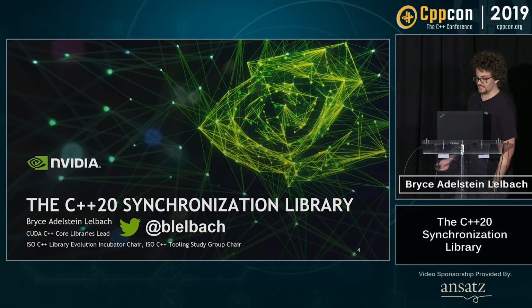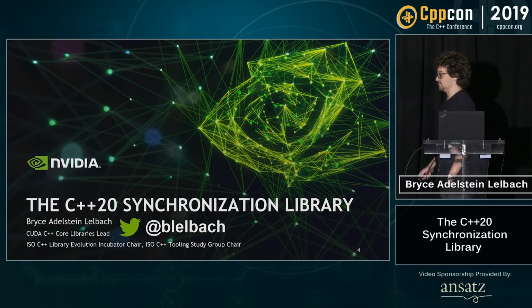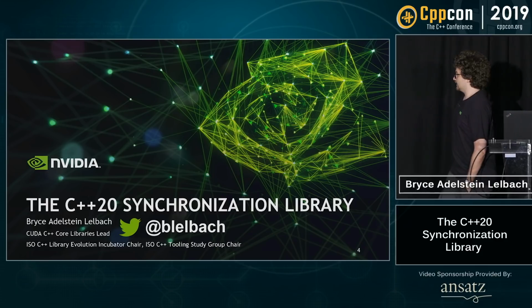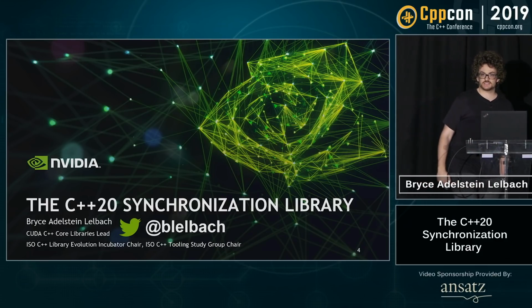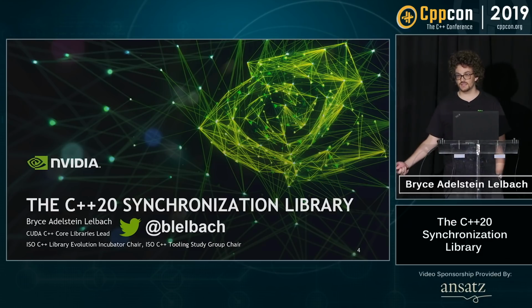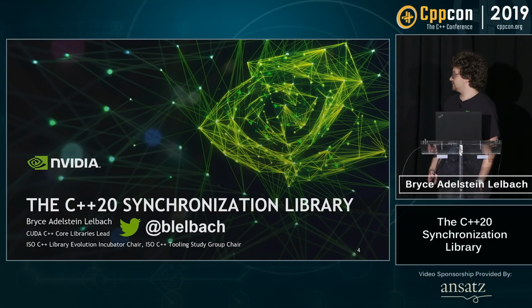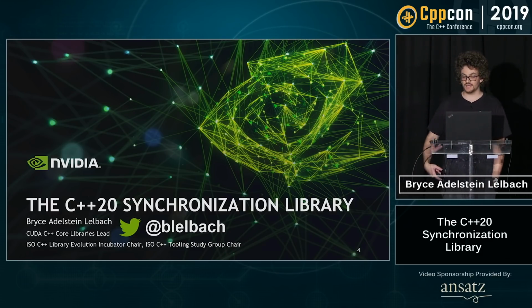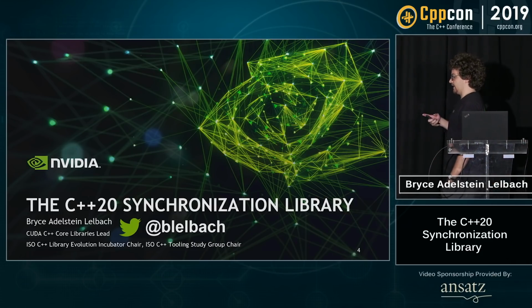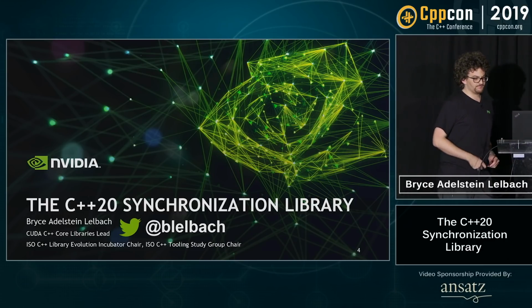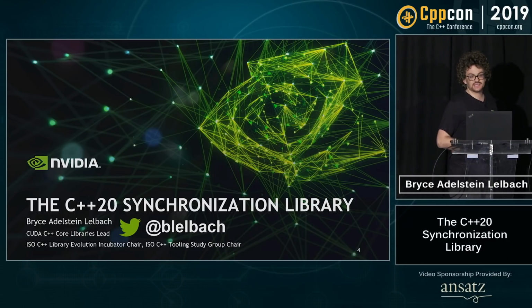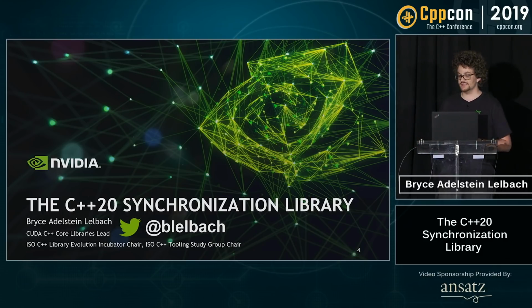All right. So C++20 synchronization library. Some of you may be wondering, well, don't we already have a bunch of synchronization primitives in C++? They were added in C++11 when we added threading support and a memory model to the language. And we have things like mutex and condition variables. Isn't that good enough? Well, all of those things were designed a decade ago at the dawn of the multi-core era.